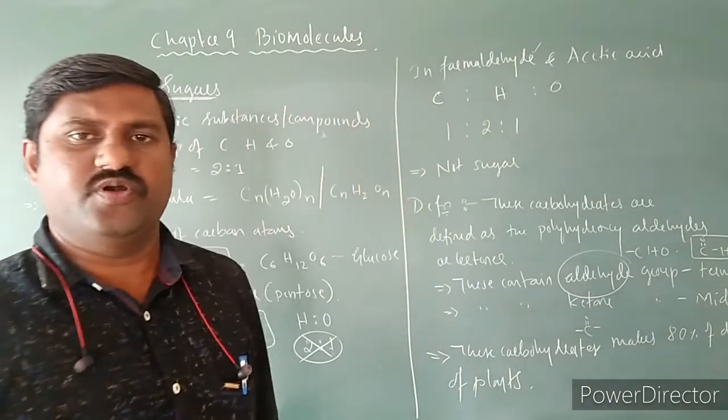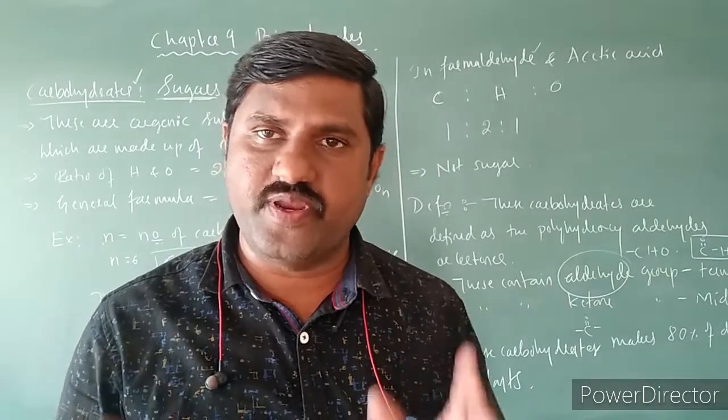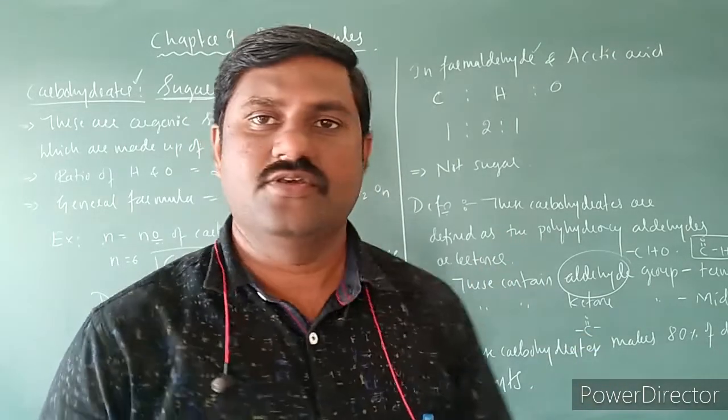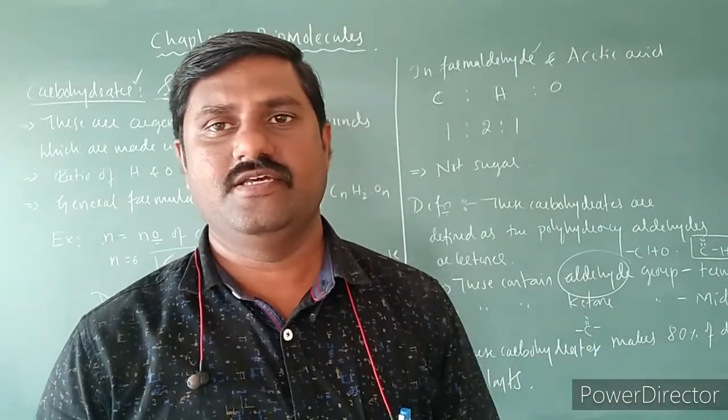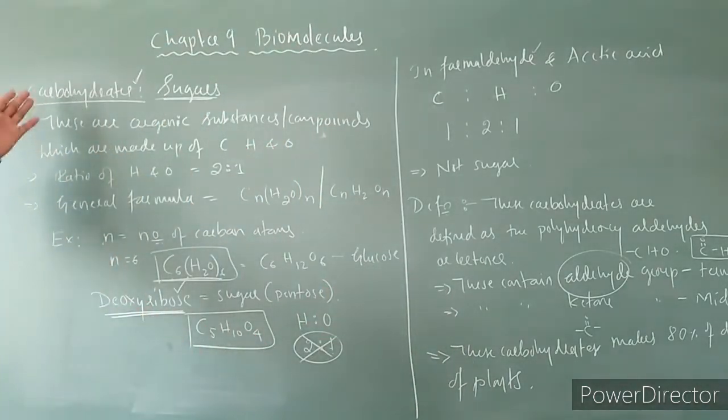So this is more important, meaning the maximum part of the plant body itself is made up of these carbohydrates, we can say. Alright, so that's why ultimately we came to know what these carbohydrates are.